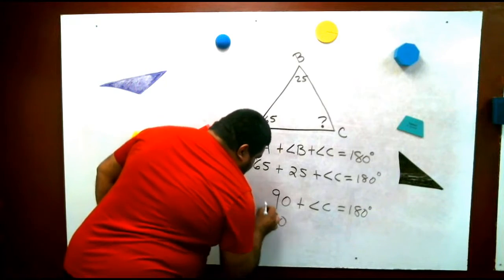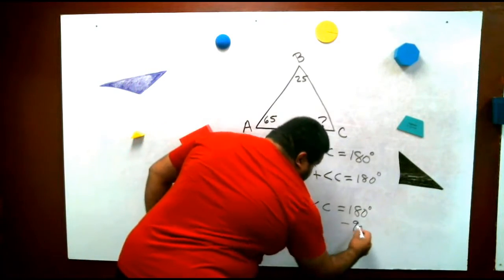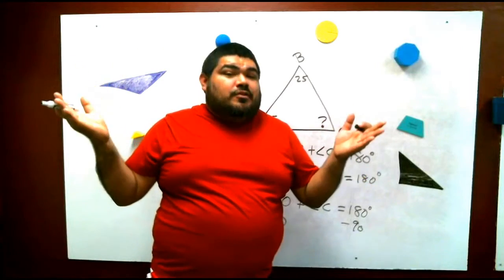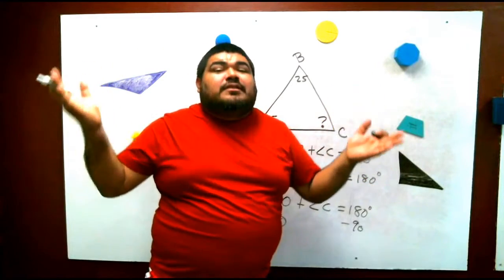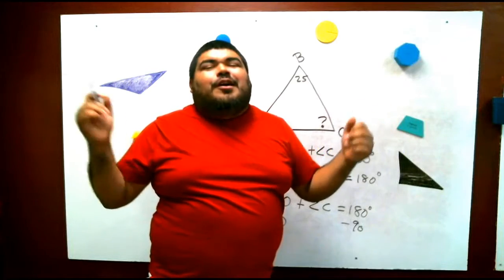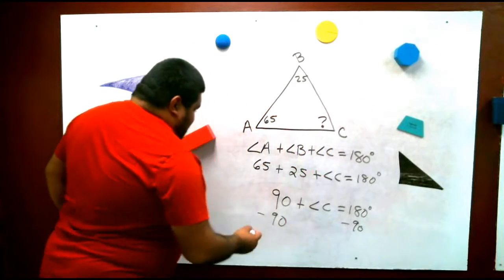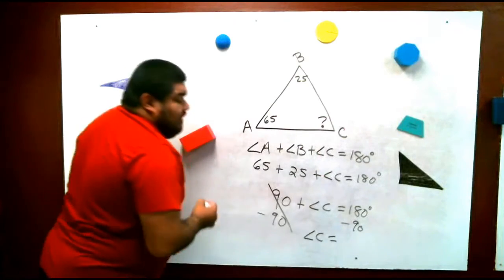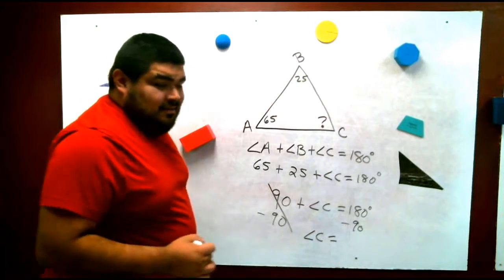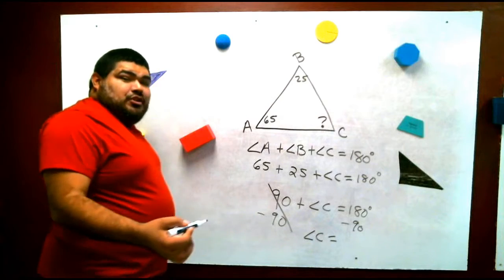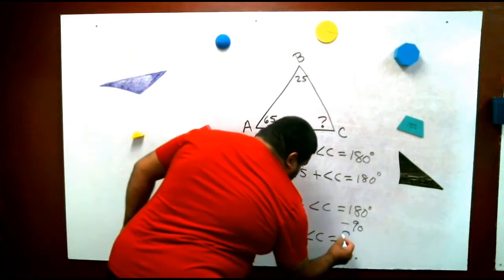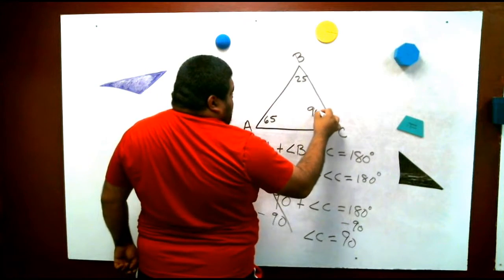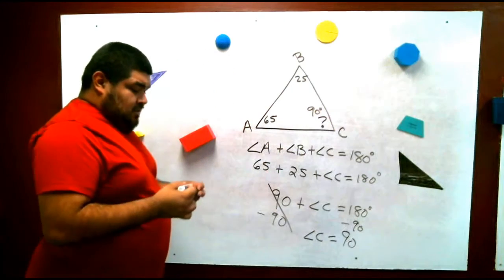Negative 90 on both sides, because remember, it's like a scale: whatever you do to one side, you have to do to the other, because if you don't, the scale unbalances, okay? So it cancels out. So we're left with angle C equals 180 minus 90, which is 90. So we know that angle C equals 90 degrees.